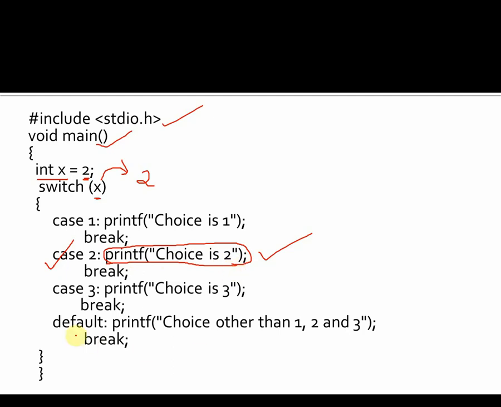Okay, now what you see over here is a default case. This default case will be executed if the value of the x variable is anything other than 1, 2 or 3. Then this line, which is part of the default case, will be printed onto the screen.